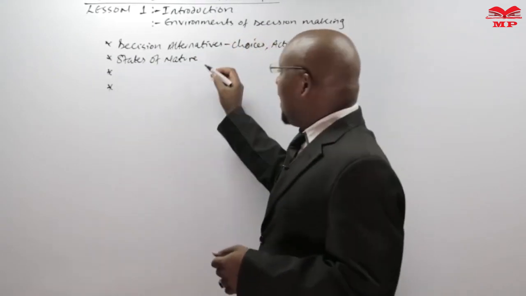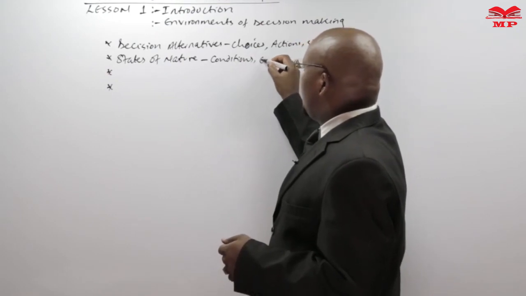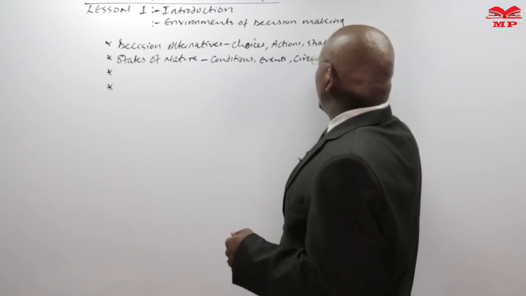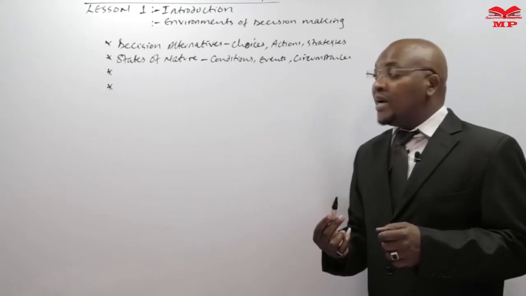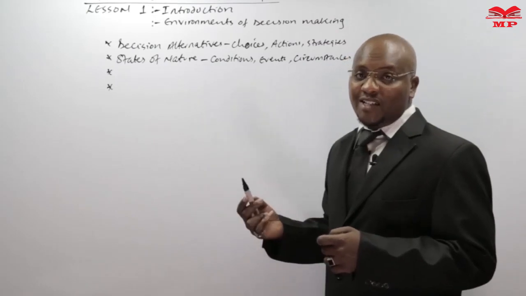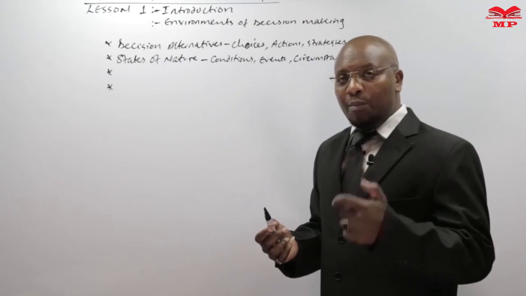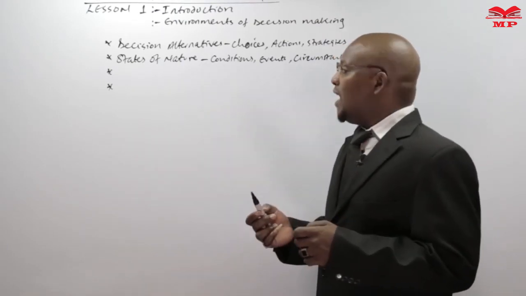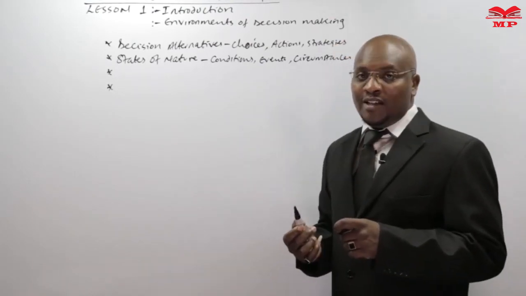Then we also have what we call the states of nature. These states of nature are the conditions, the events, the circumstances, like that. One distinguishing factor between the decision alternatives and the states of nature is that the decision alternatives are controllable by the decision maker, while the states of nature are not controllable because they are not within the discretion of the decision maker.